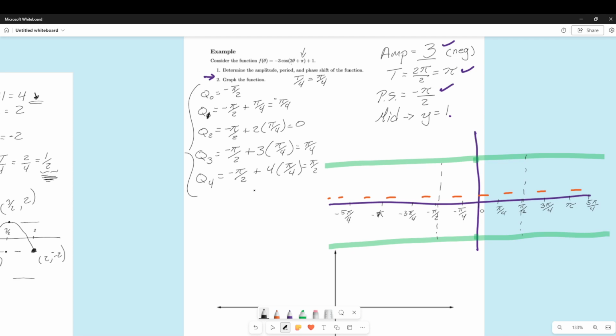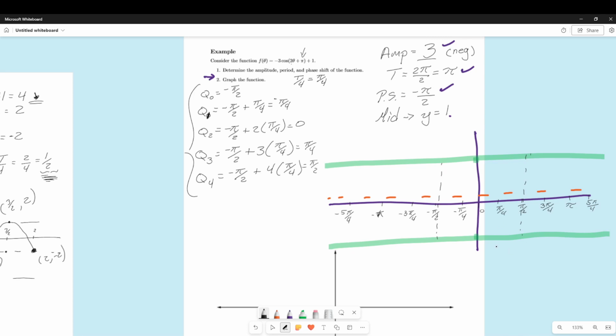So if you add those together, and it's good to check that because we are starting at negative pi over 2, and when we added a period we ended up at positive pi over 2, so that is where we ended, so good. So then negative pi over 4 is going to be one of our quarters, so 0 is one of our quarters, and pi over 4 is one of our quarters.